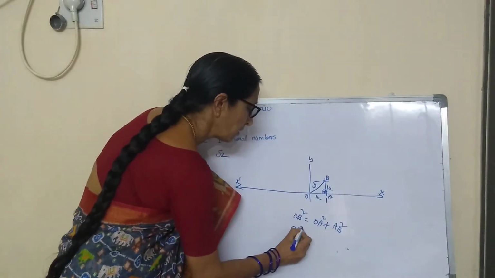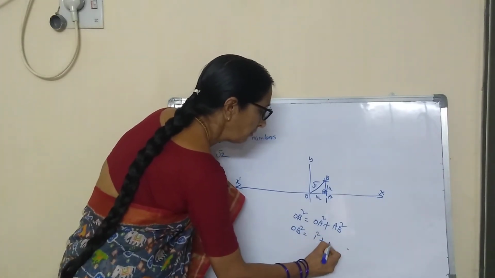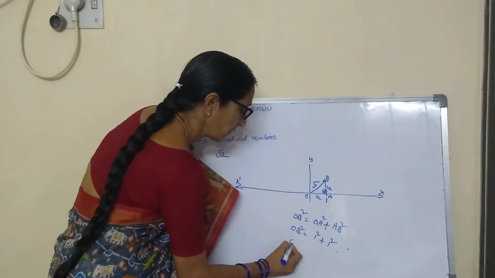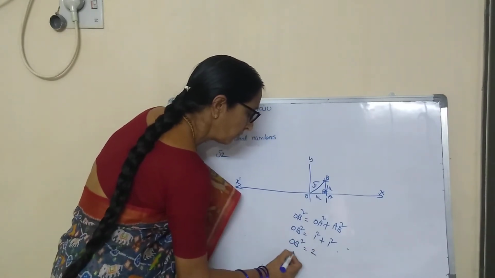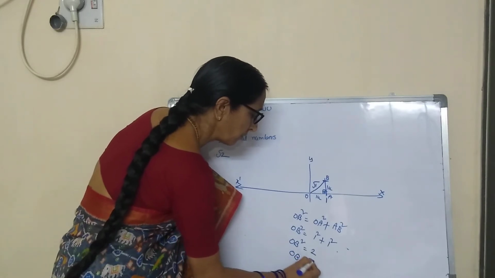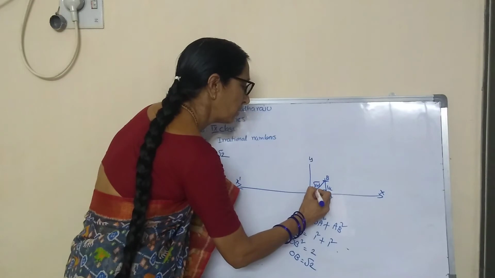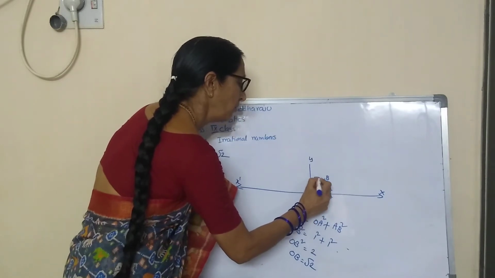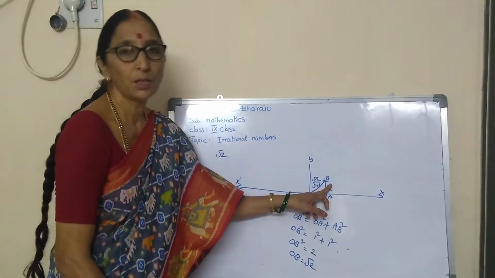OA square means 1 square, AB square also 1 square. So OB square is equal to 2, OB is equal to root 2. This is 1 plus 1, which is equal to root 2. So OB is root 2.